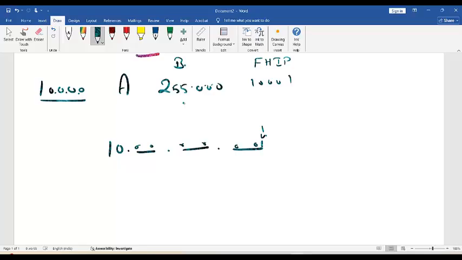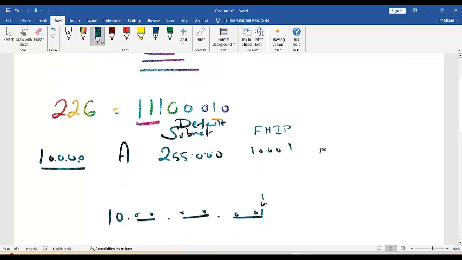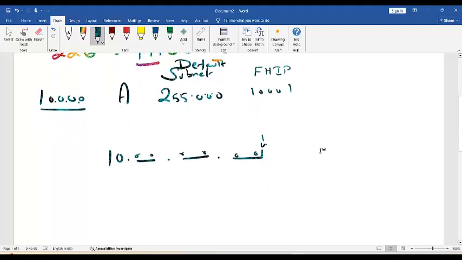This is the default subnet mask. See, in this class and the following classes, you must have a pen and paper.